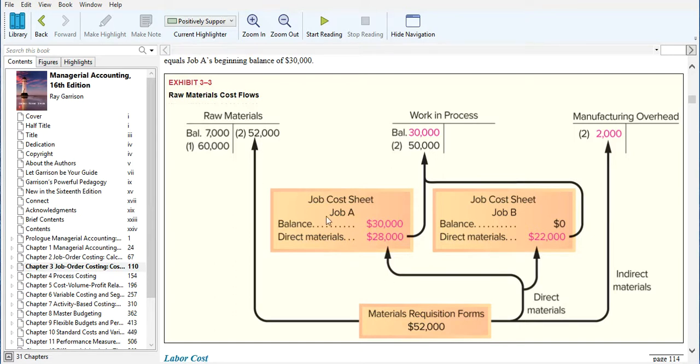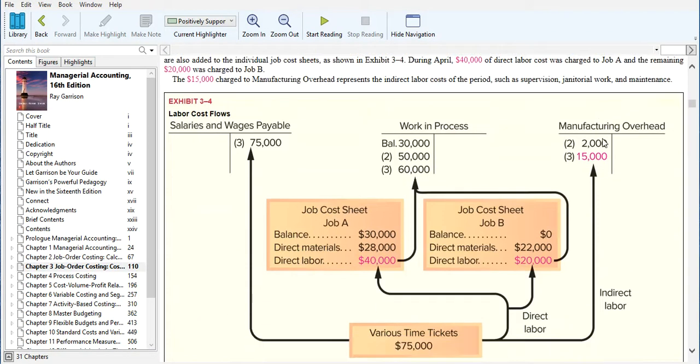The materials come out of raw materials, and whatever's direct is identified here: of the 52,000, 28 for job A, 22 for job B. A total of 50,000 is direct, so it goes into work in process. The other materials are considered indirect, so they go into manufacturing overhead.